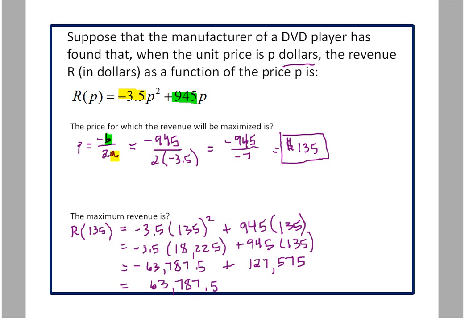But remember, revenue is in dollars, so we write it in dollars. That is $63,787, and instead of 0.5 we have 0.50, which is 50 cents. And that is our maximum or maximized revenue.